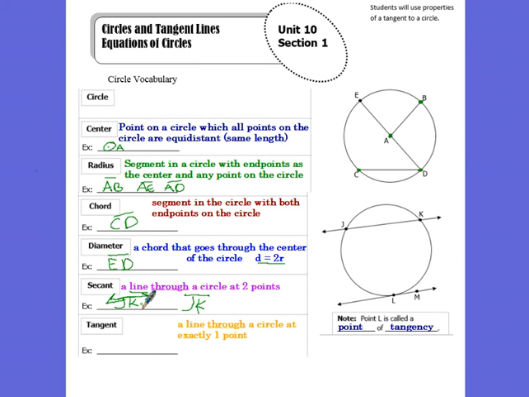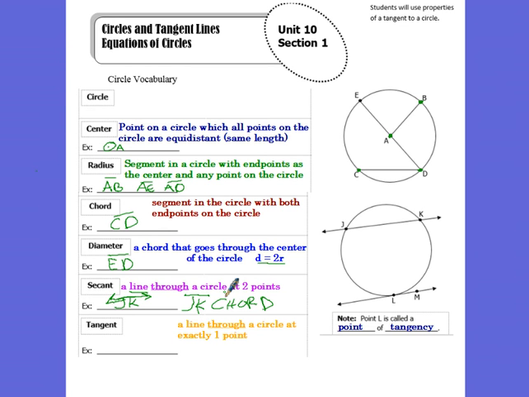This is line JK, this is segment JK. Segment JK is an example of a chord, line JK is an example of a secant. So just make sure that you are careful with how you note these things. The arrows indicate a line, and no arrows indicates a segment.